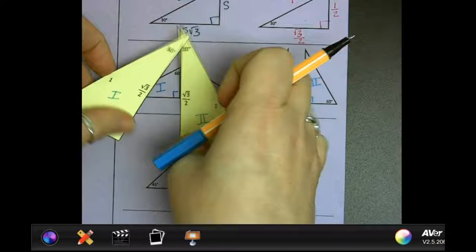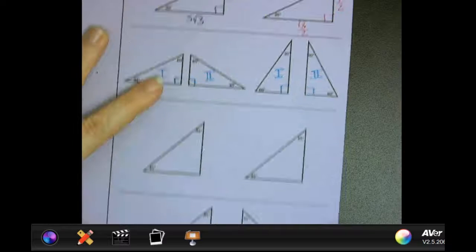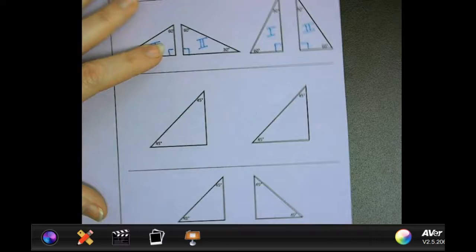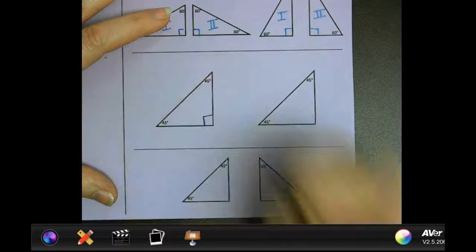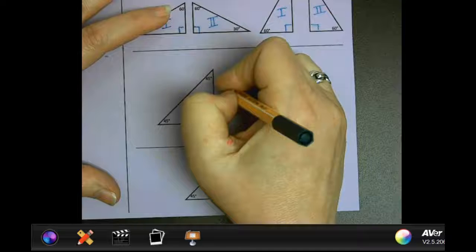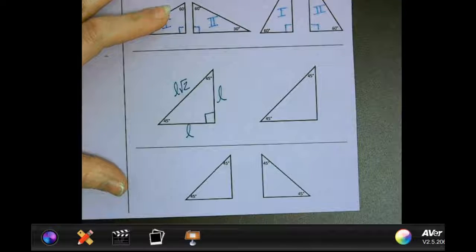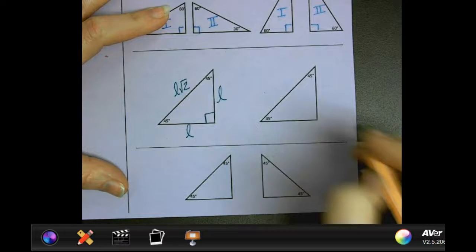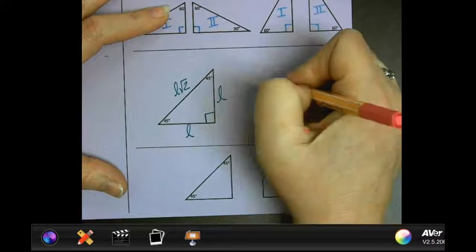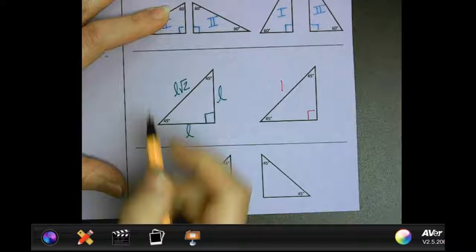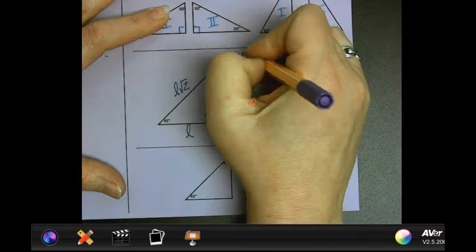All right, so let's move this out of the way, and then let's look at this 45-45-90. So we know when we go to solve that we label this L. So if that is the case, then that means that L squared times 2 equals 1.